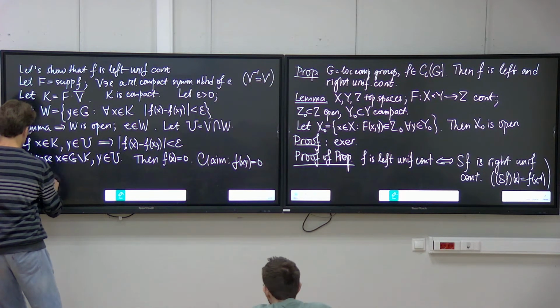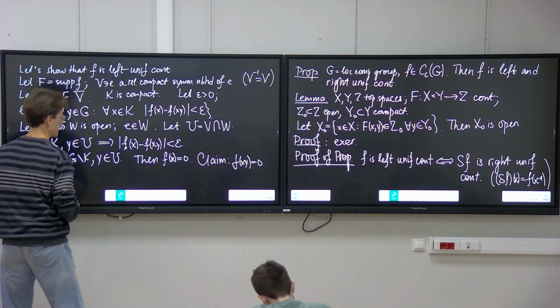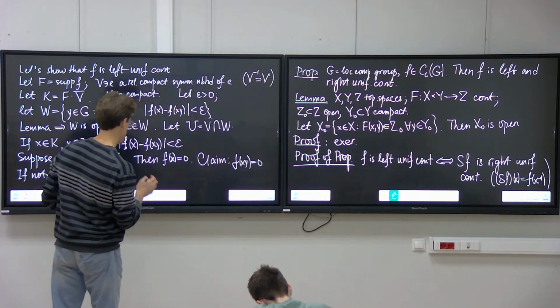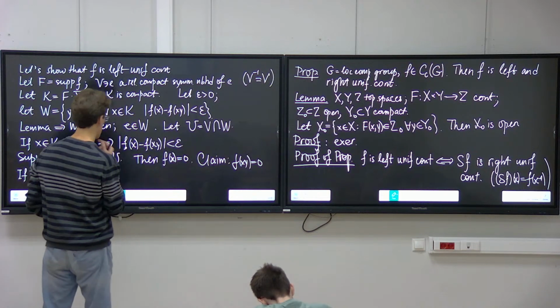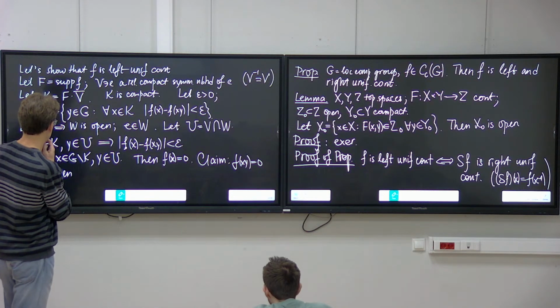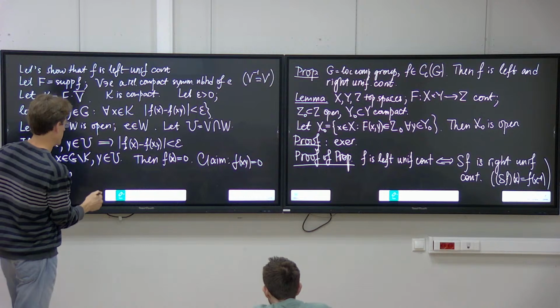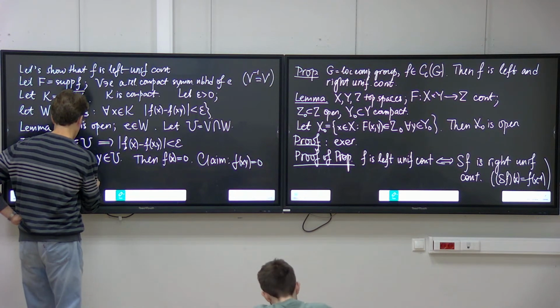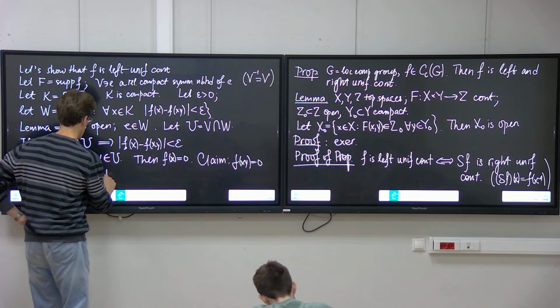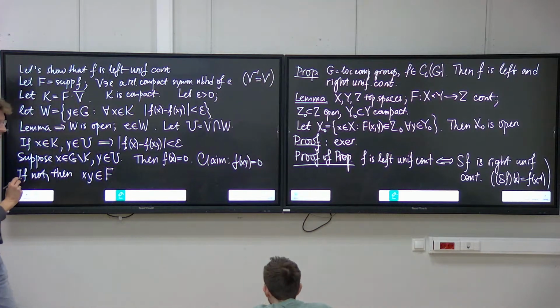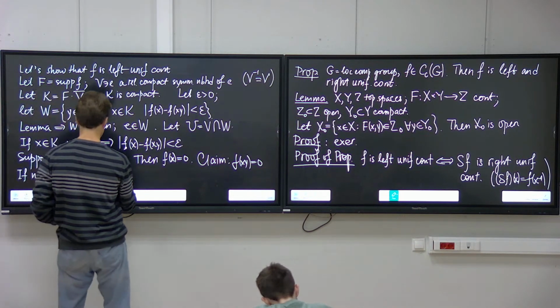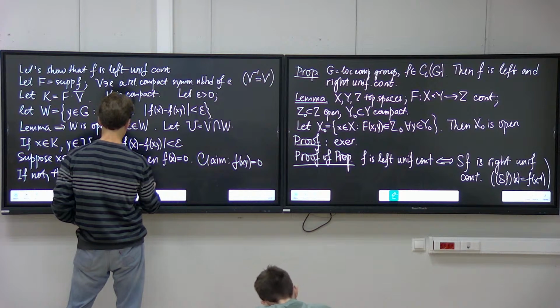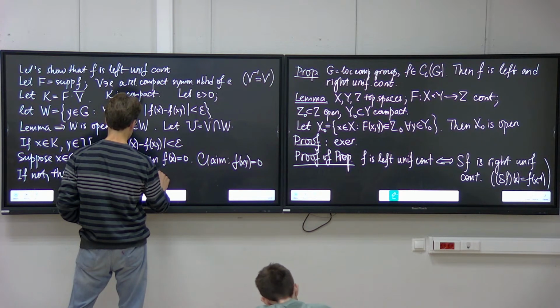If not, then xy belongs to F, of course, to the support of our function, which implies that x belongs to F times y inverse.